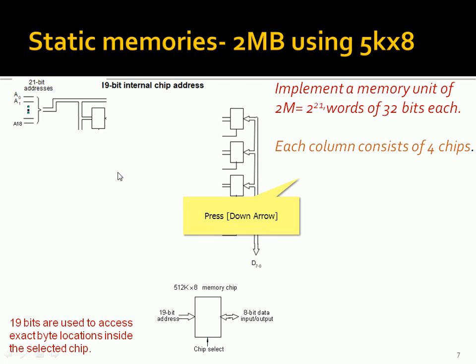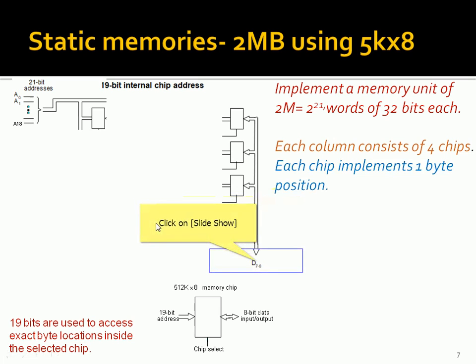So similarly we can have such chips. This will be for the first byte, bits 0 to 7, the data of the first byte. Similarly they are telling 32 bits, so there are 4 such chips.